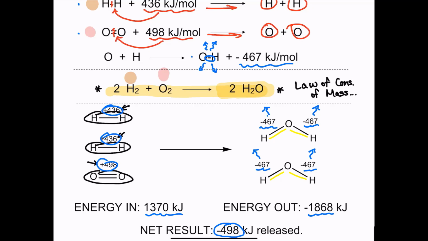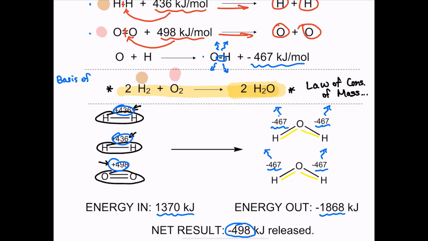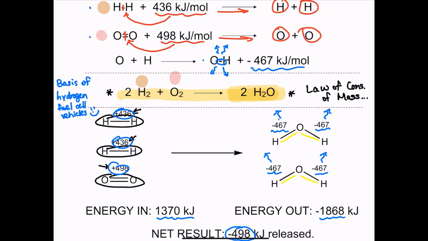And this is one of my favorite examples to offer here because this is actually the basis of hydrogen fuel cell vehicles. It's a process that gives off plenty of energy to be used, but without resulting in more carbon dioxide going into the atmosphere. You will see some more practice problems like this.